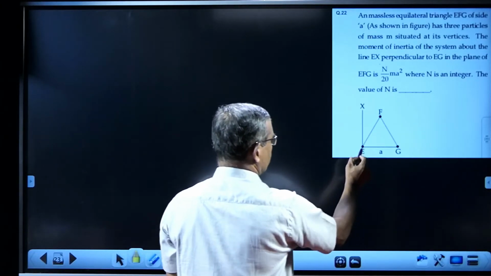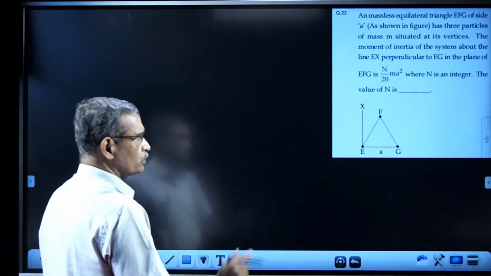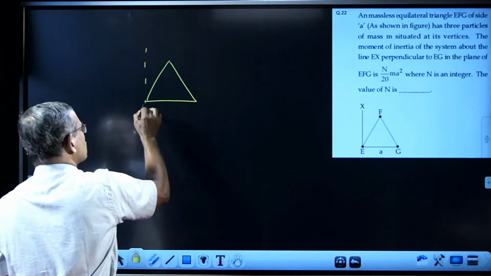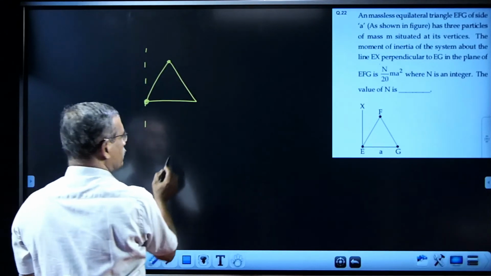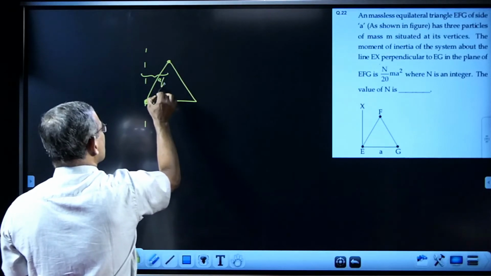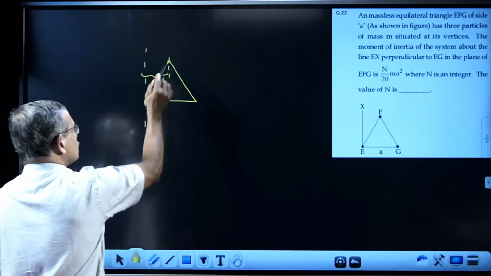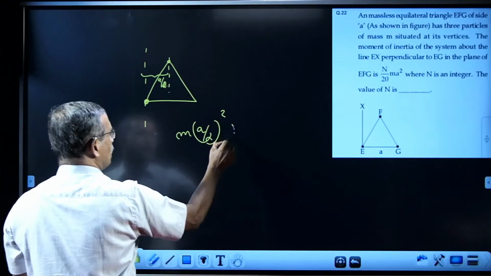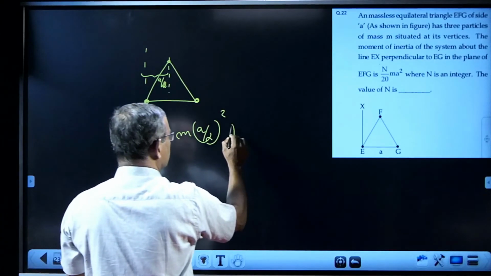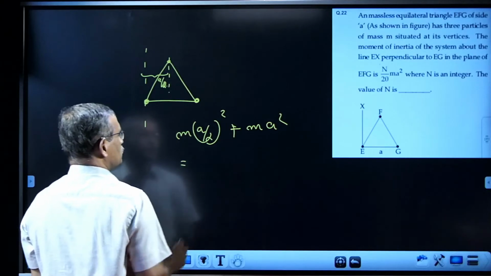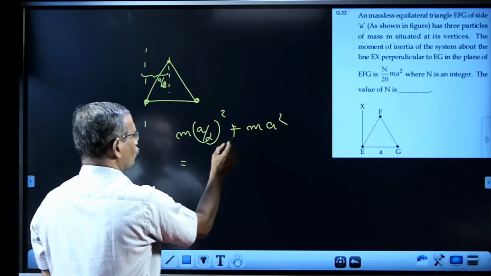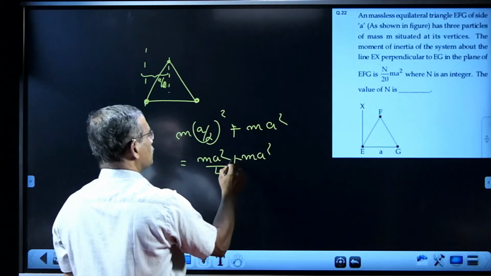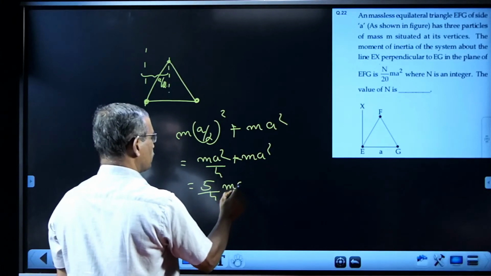The moment of inertia of this particle is 0 because the axis passes through it. This other one is at a distance a by 2, therefore its moment of inertia is m a by 2 whole square, plus the moment of inertia of this one, plus m a square, is equal to 5 by 4 m a square.